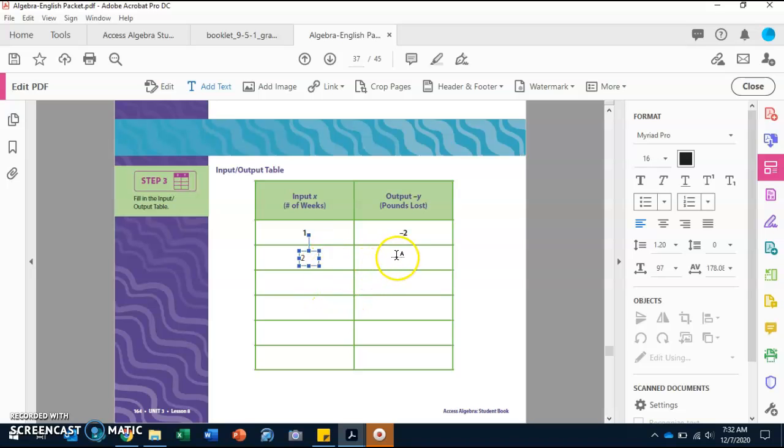And then if in week 1, he lost -2 pounds, and he's losing 2 pounds per week, how many pounds did he lose in week 2? Can anybody tell me? If we're going by 2s. Yes, 4. However, remember that we're using negatives. So it's going to be -4.